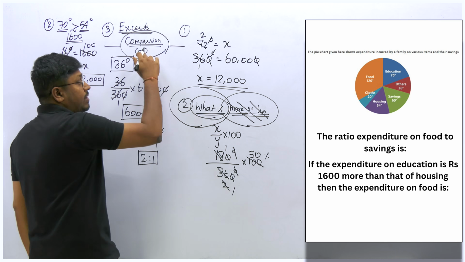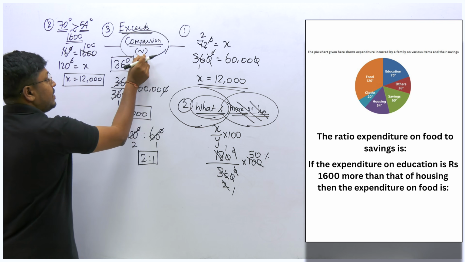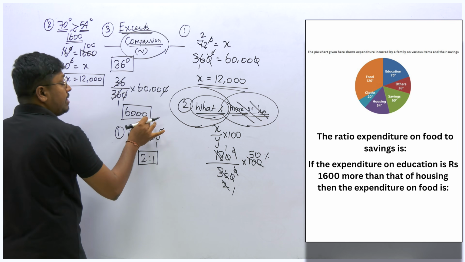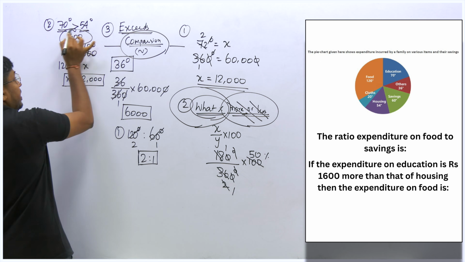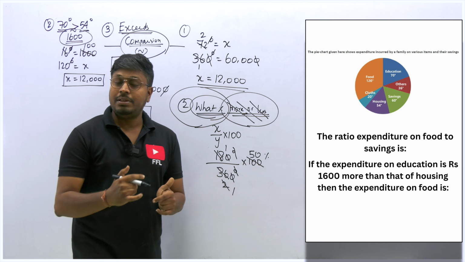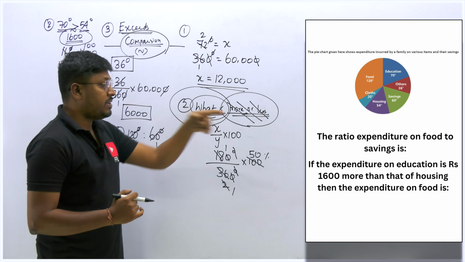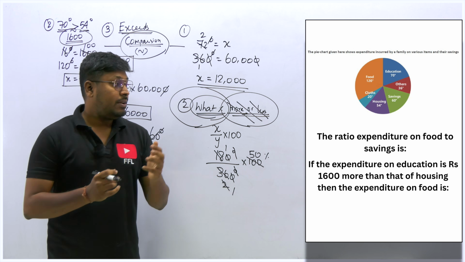That's the reason I have given all these questions in model paper 8 itself. Here we have compared and found the value. Here they have directly given the comparison value. So know how to solve all these types of questions. So these are the answers for the 5 questions in DI set number 8.